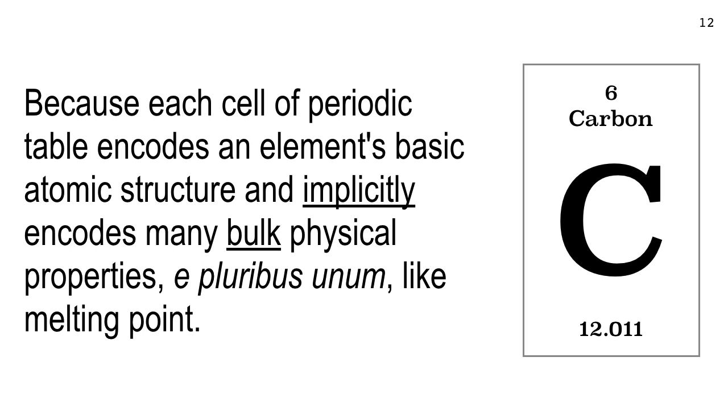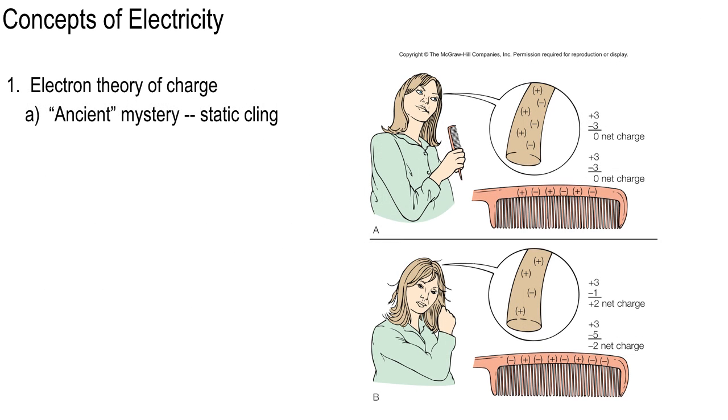We want to get to the periodic table as quickly as we can. Let's talk about electrons and the concepts of electricity. The idea of electricity is something that people have noticed since the days of the ancient Greeks. And the word electron comes from the Greek word for amber, A-M-B-E-R.